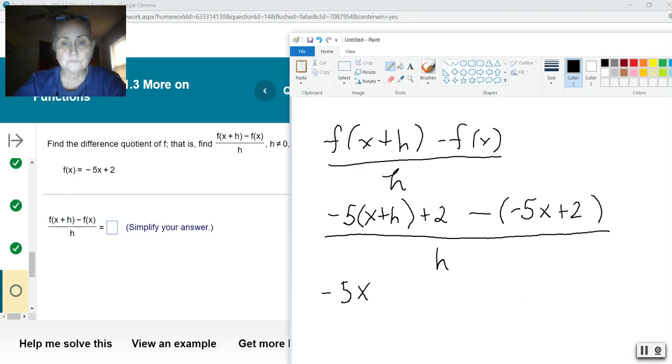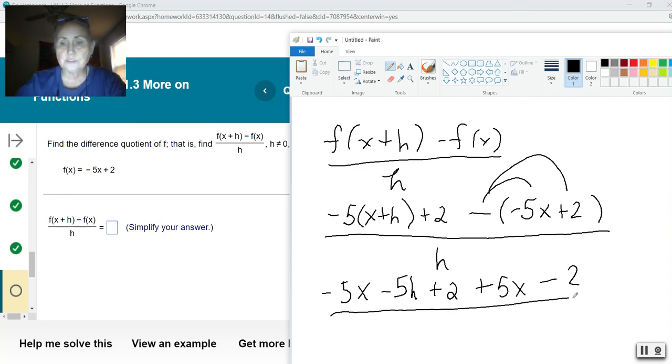-5x minus 5h plus 2 plus 5x, because look, I'm distributing this minus, minus 2, divided by h. Now, remember what we did a minute ago? We said the originals are going to cancel out. There we go.